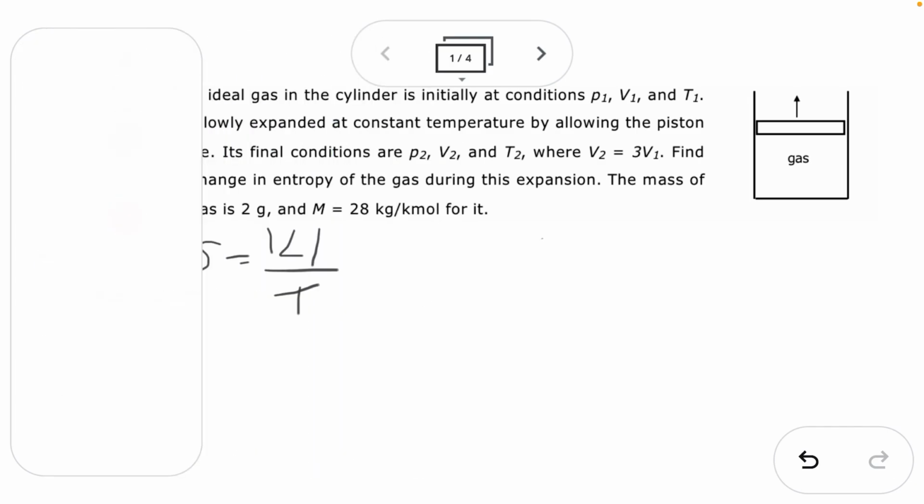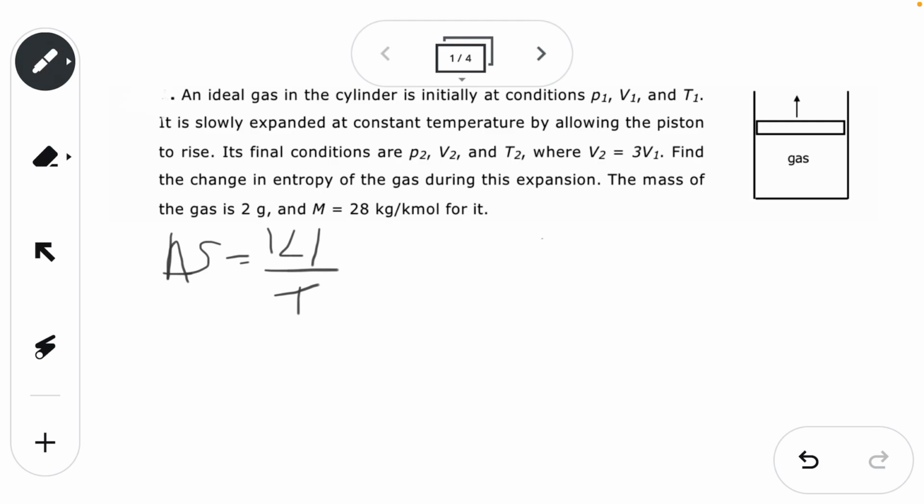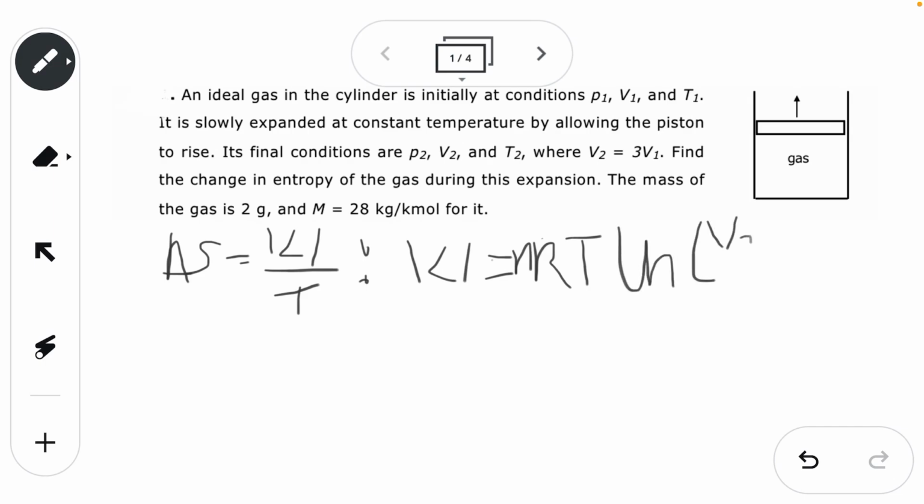What we need to know also is that this work done by a gas is expressed as nRT natural log of V2 over V1, right? Where V2 is the final volume after the expansion and V1 was our initial volume.